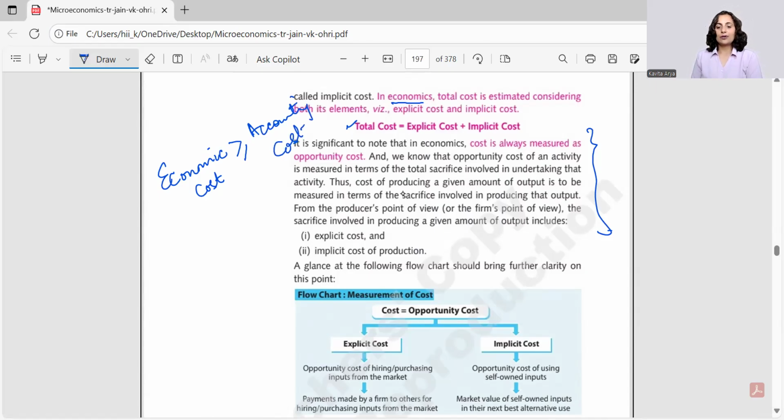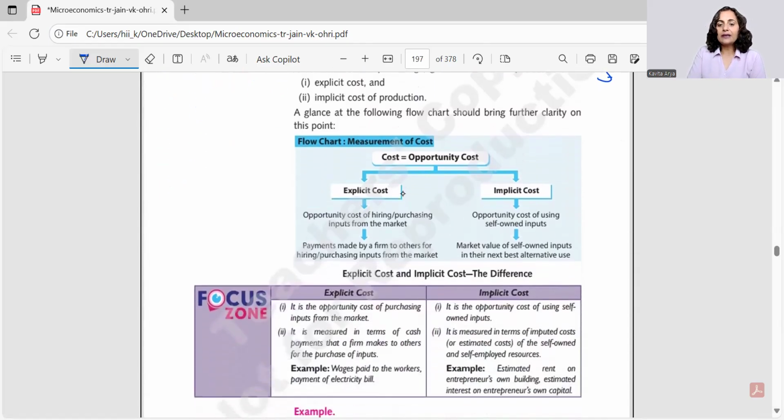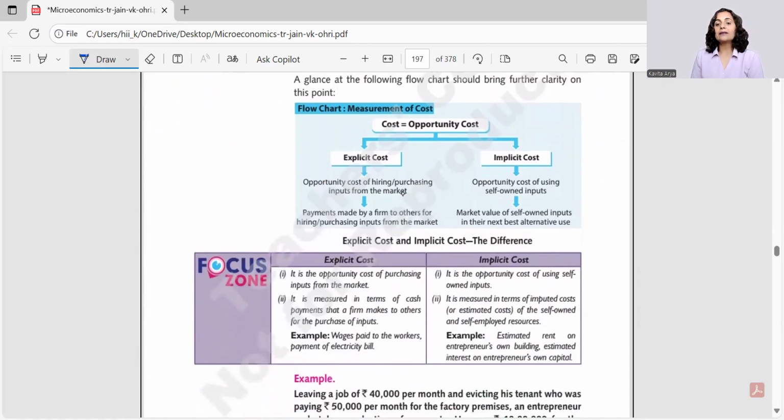Right? So, as I told you, cost is nothing but the opportunity cost, because we are talking about whatever is the sacrifice and its worth is creating the cost. The cost is equal to explicit as well as implicit cost: the opportunity cost of hiring, purchasing inputs from the market, and opportunity cost of using self-owned inputs. Right?